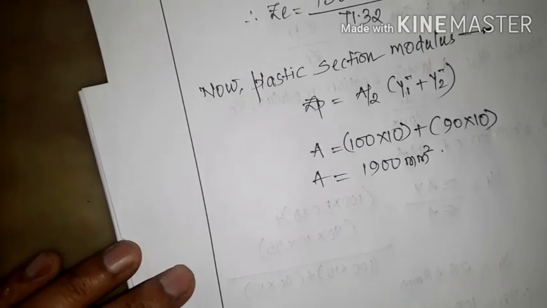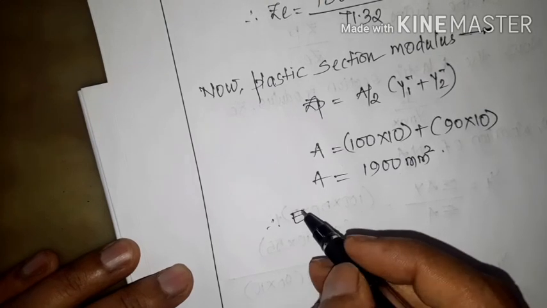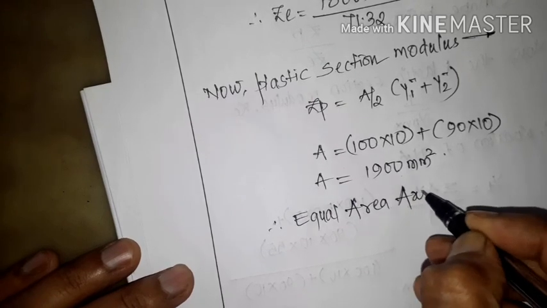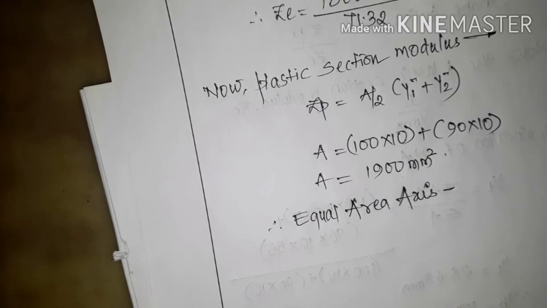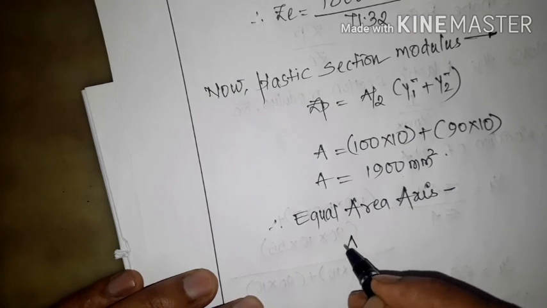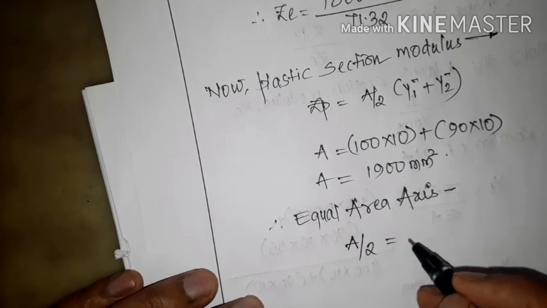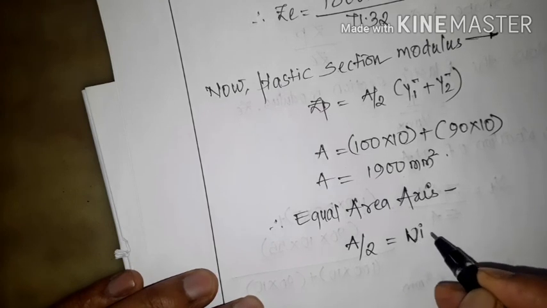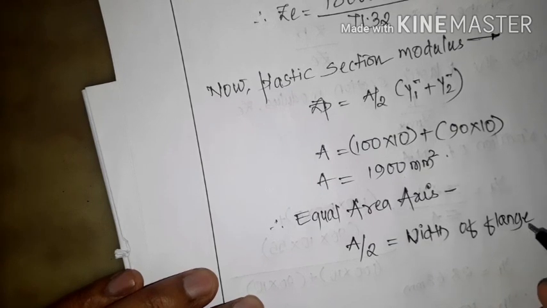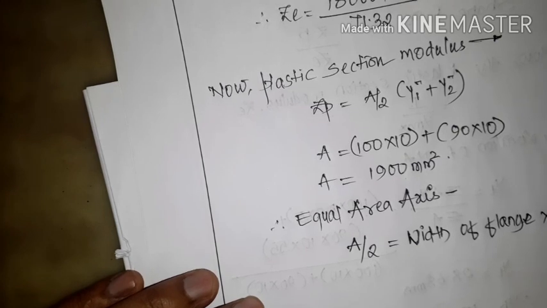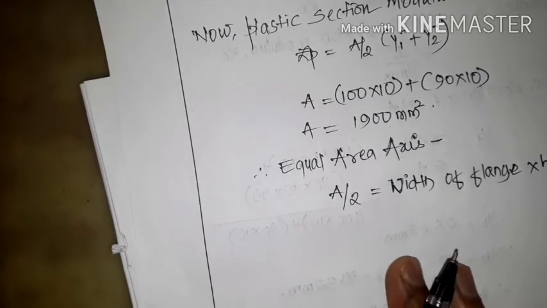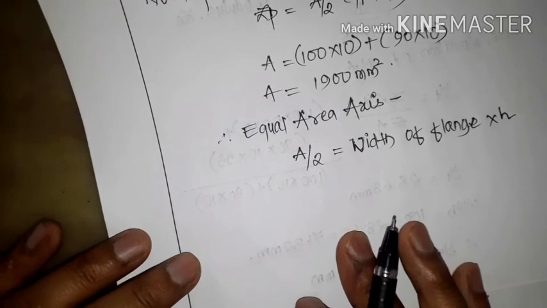So therefore, the equal area axis: we will assume A by 2 is equal to width of flange into H. A by 2 is equal to width of flange into H. Clear?